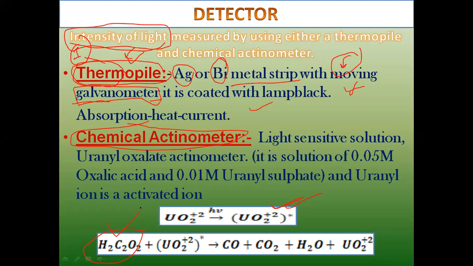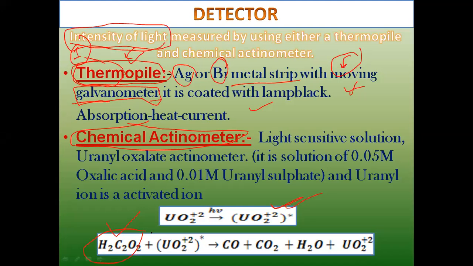So this is the use and role of the chemical actinometer in various photochemical reactions.